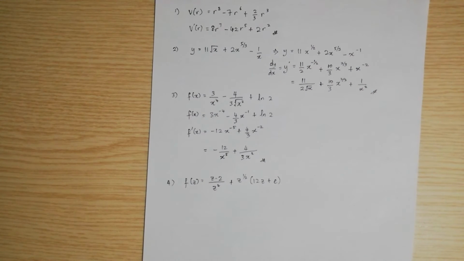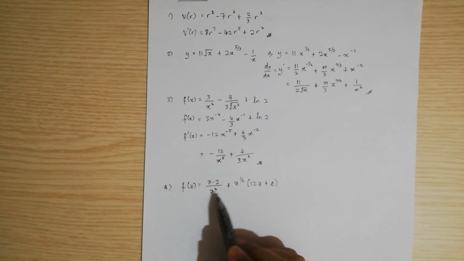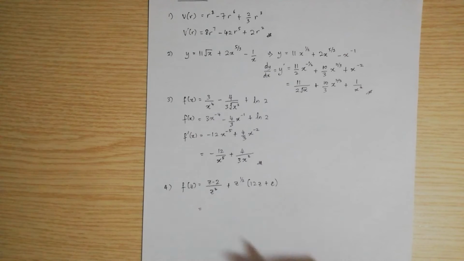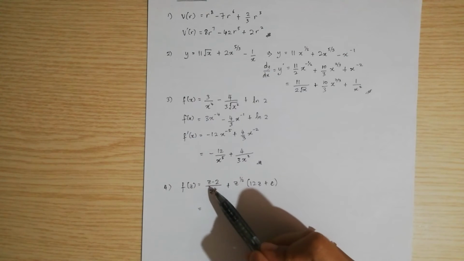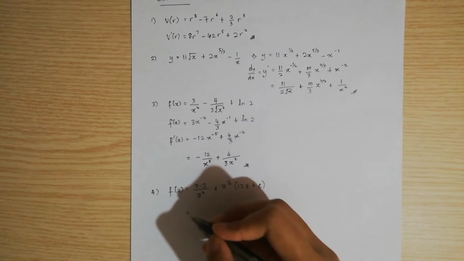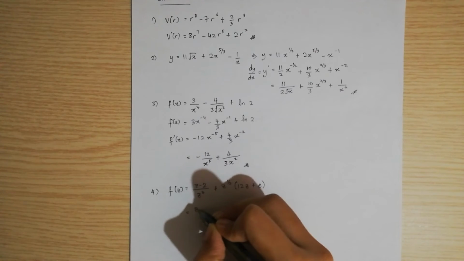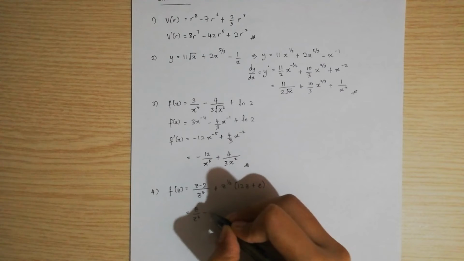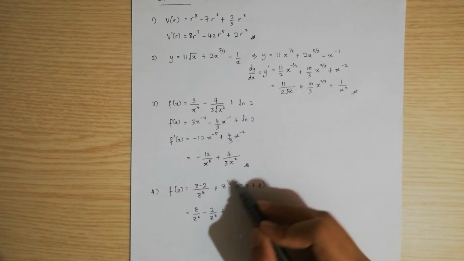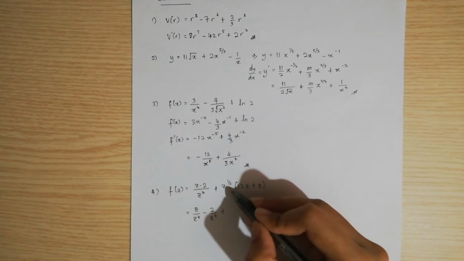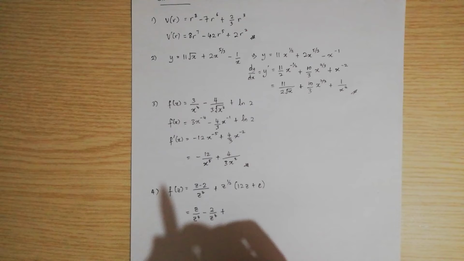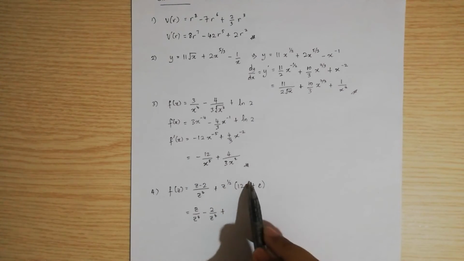Okay, then the last one here, also the same. First, you change that form, make sure it's always x power of something. So this one you can simplify first. We know that (z minus 2) over z^4 is actually z over z^4 minus 2 over z^4. So we can write this first as z over z^4 minus 2 over z^4, plus this one we can just multiply because we have z^1, z^(1/2), and if you still remember in the first topic, review of algebra, if you have the same base, you can just add the exponents.